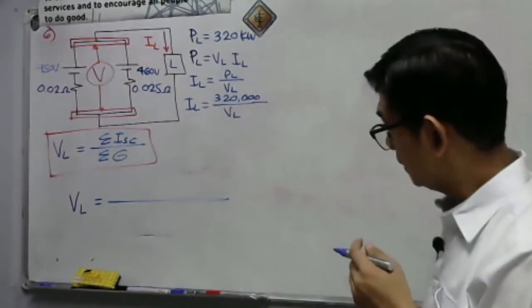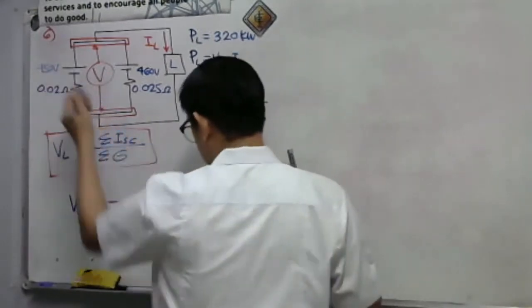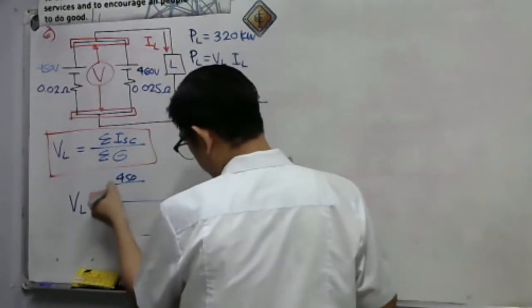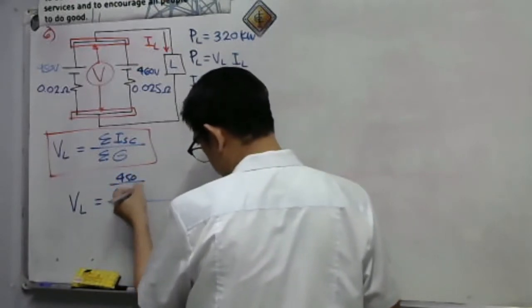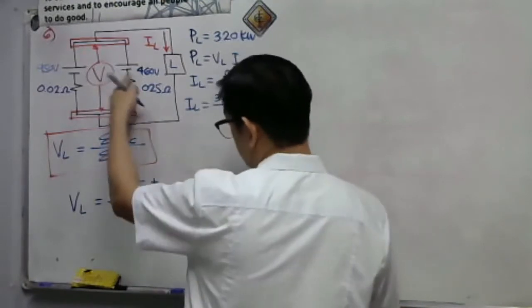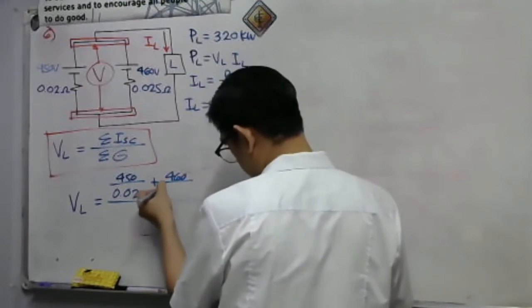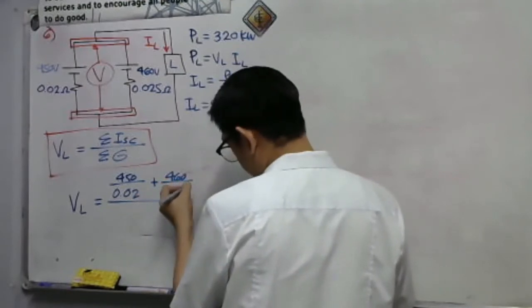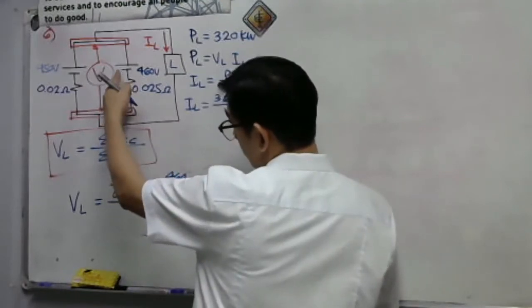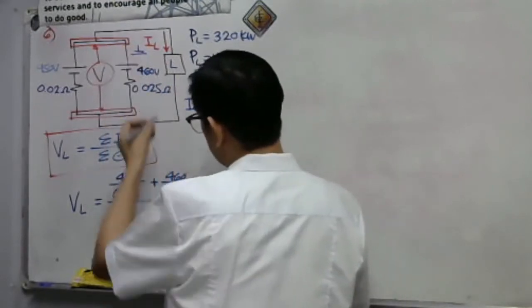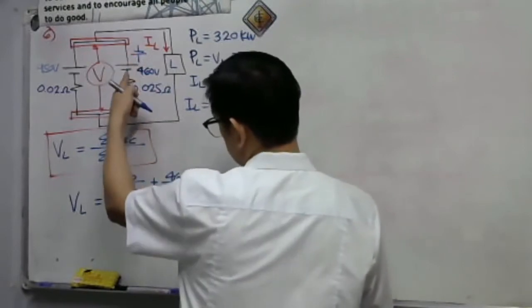Take a look. Here we have 450 over 0.02, plus 460 over 0.025. By the way, it so happened that for the battery, this becomes negative and positive, meaning polarity.